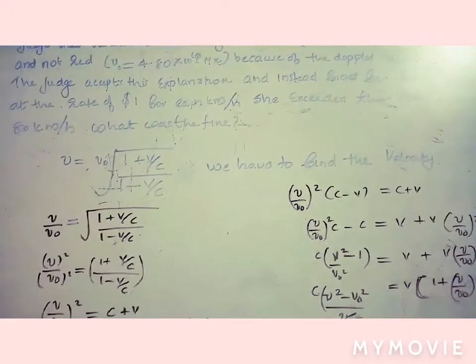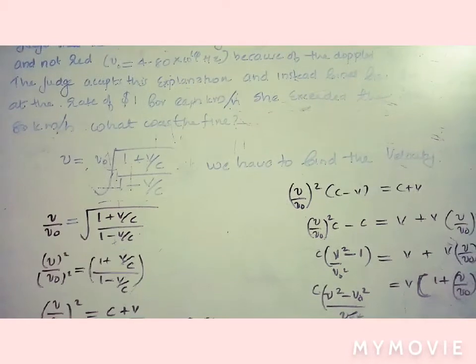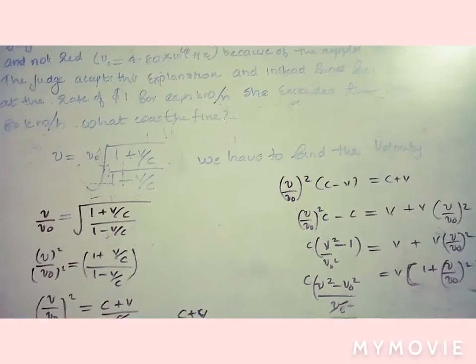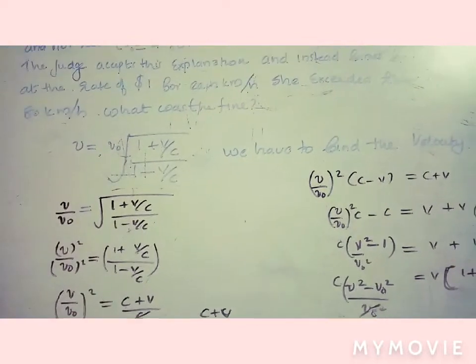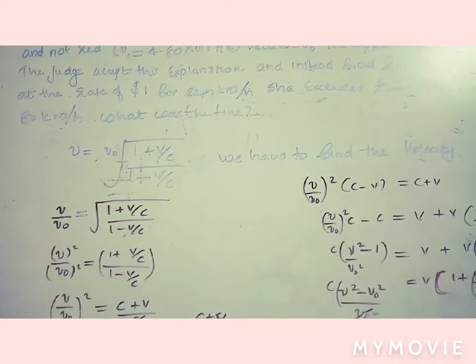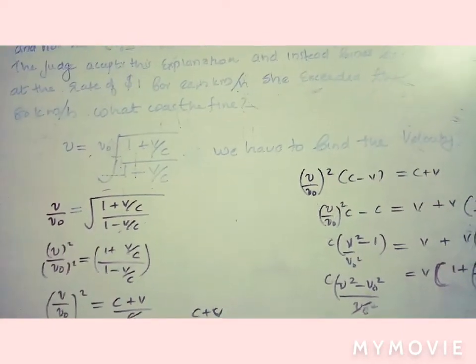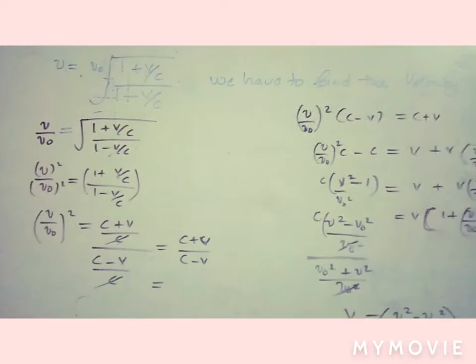So the equation is nu is equal to nu 0 under root 1 plus v by c divided by 1 minus v by c. And we have to find the velocity, so we have to find the expression like that. Nu by nu 0 is equal to under root 1 plus v by c divided by 1 minus v by c, and we have the simplification like this.